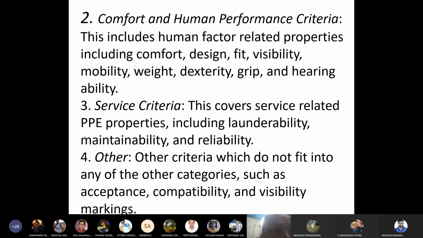Then the other category is criteria which do not fit into any of the other categories, such as acceptance. It should be acceptable to the rescue team members. It should be compatible and visible so that people will accept the mine rescue equipment while they carry out the rescue operation inside the mine.